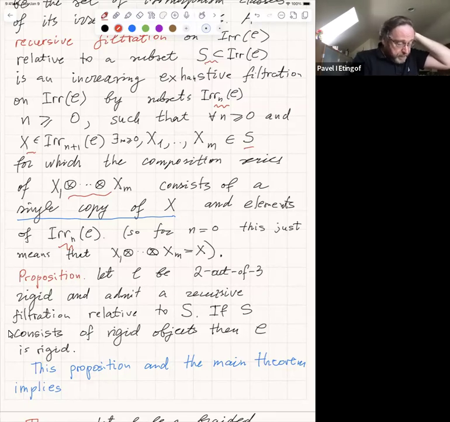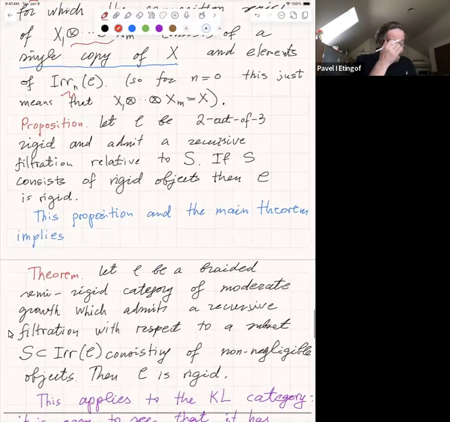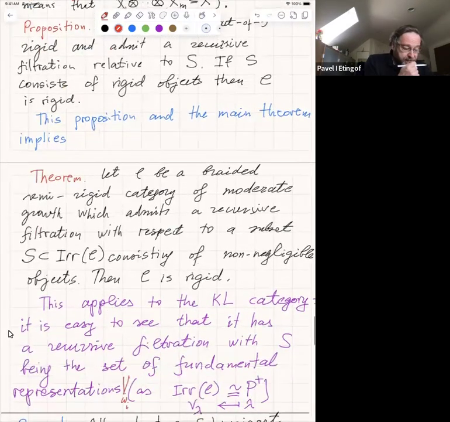And then this proposition together with the main theorem implies the following theorem: if C is a braided semi-rigid category of moderate growth, which admits a recursive filtration with respect to a subset S consisting of non-negligible objects, then this category is rigid.